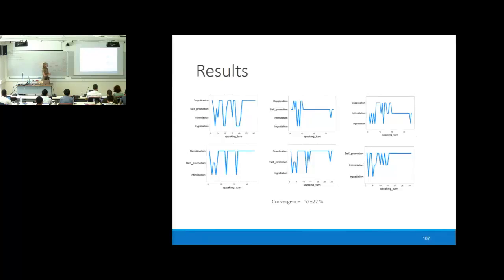So there's convergence for each of those interactions. We can also look at which type of condition the algorithm found. It's another way of validating our algorithm.